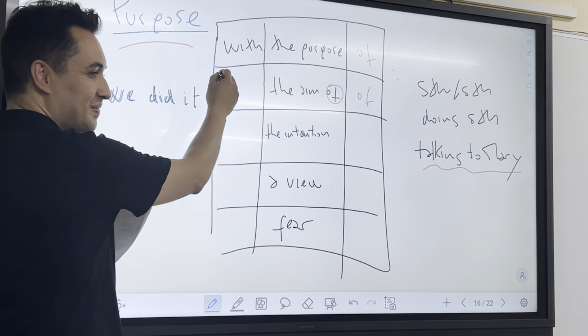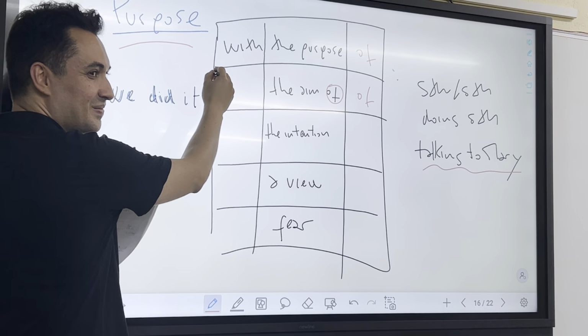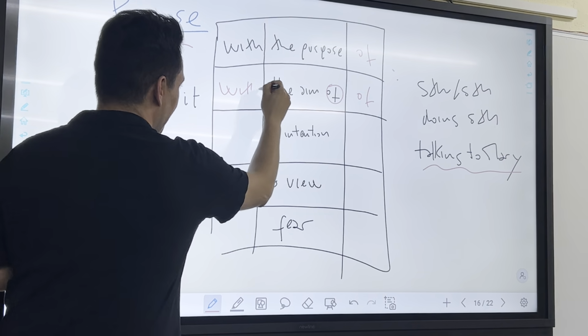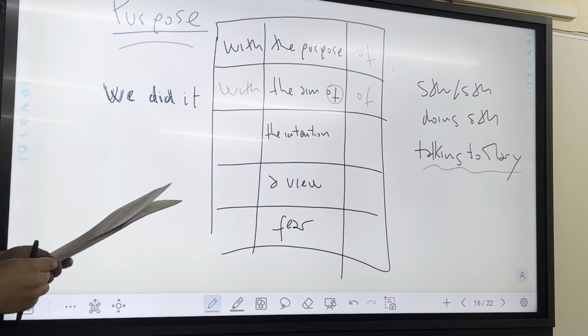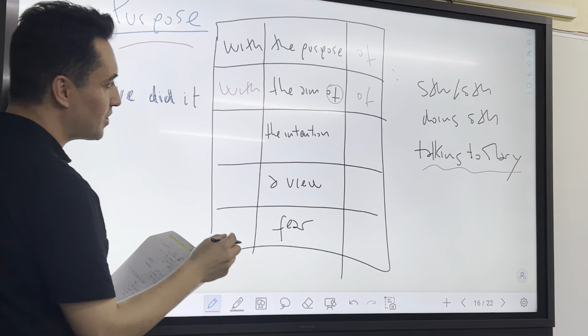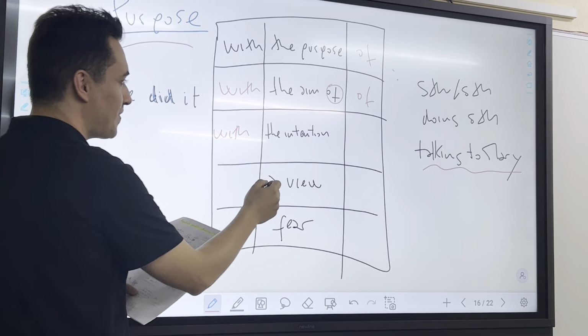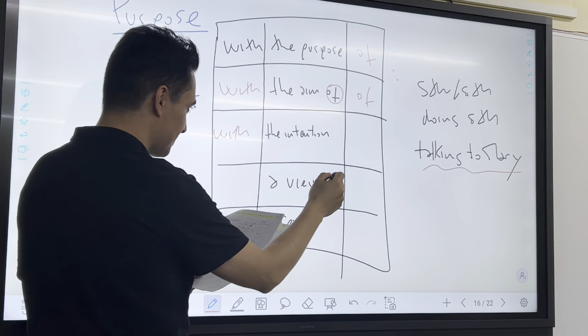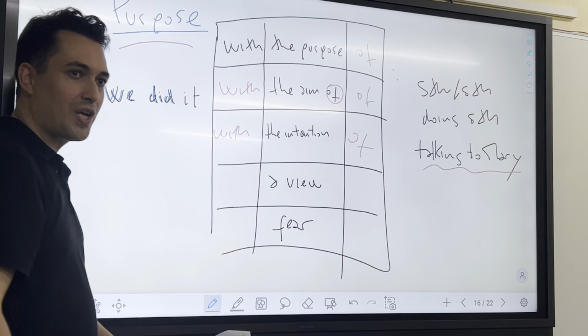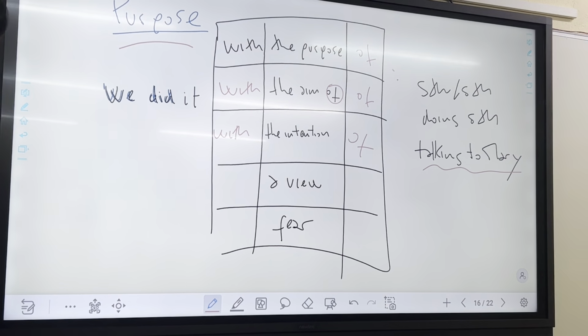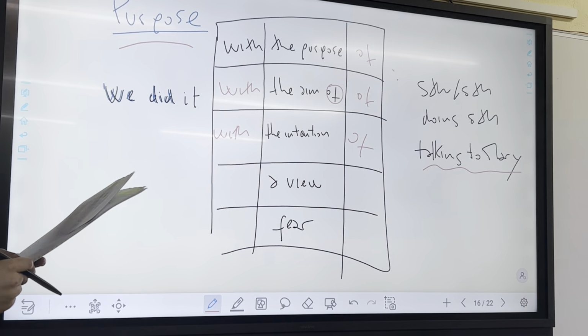How about here? With the aim of talking to Mary. We did it with the intention of talking to Mary. With the intention of talking to Mary.